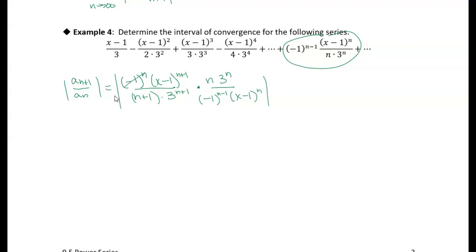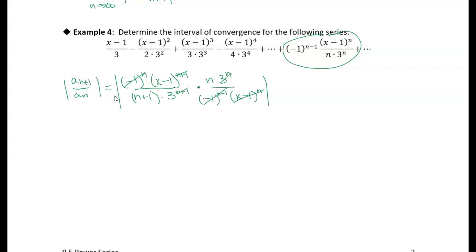All right, so I don't really have to worry about these minus 1s since I'm taking the absolute value of it. And then I can simplify this. If I divide (x minus 1)^(n+1) by (x minus 1)^n, I just end up with x minus 1. And I can also cancel this.